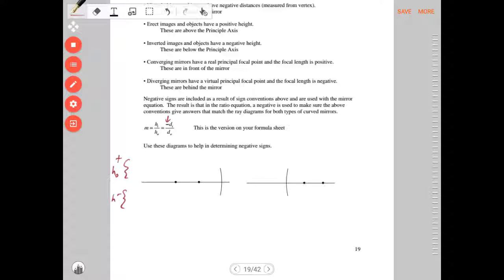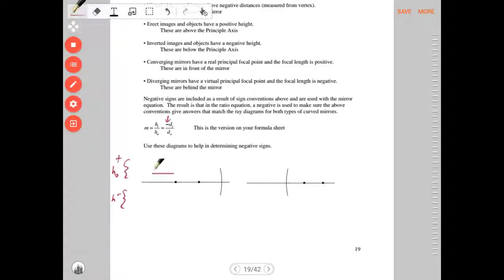Almost always the object is placed upright, because that's how objects work. If the image height is this way, HI would be positive. If it's down this way, HI would be negative. Above the principal axis we're positive. Below the principal axis, our height is negative.